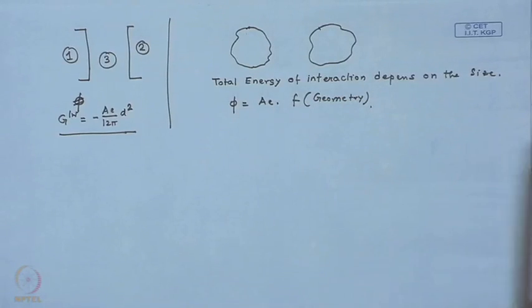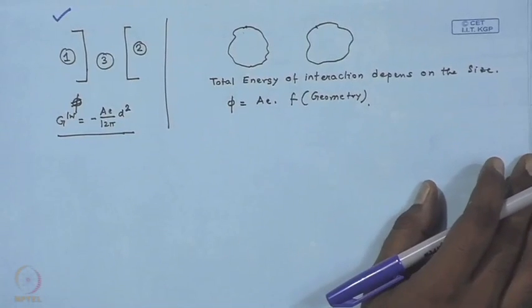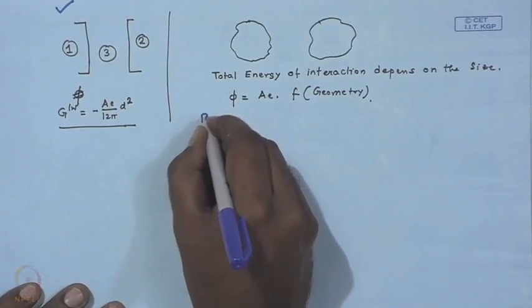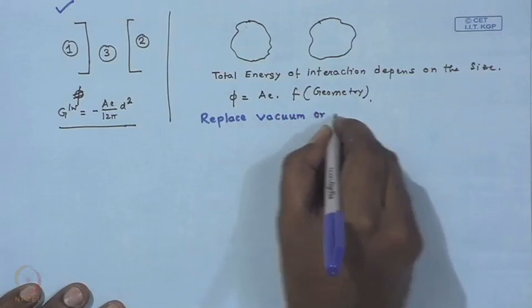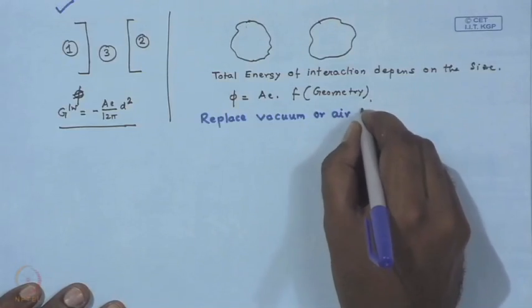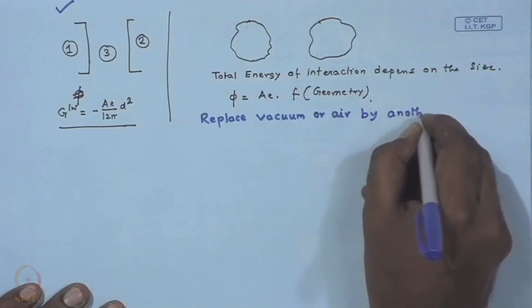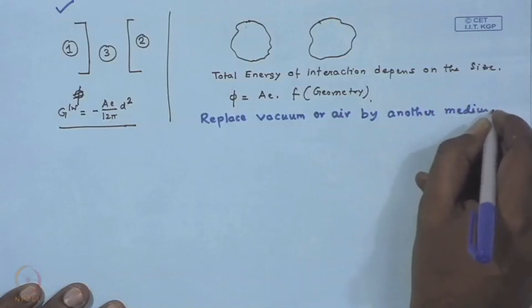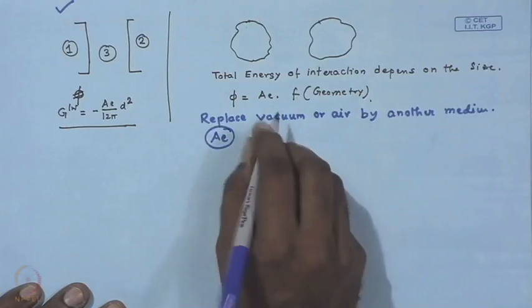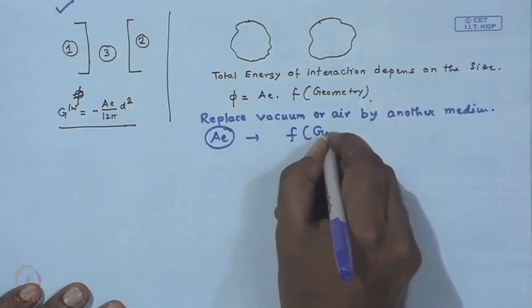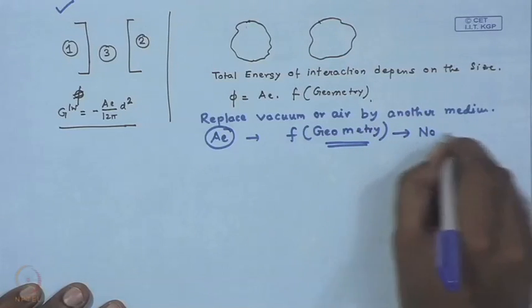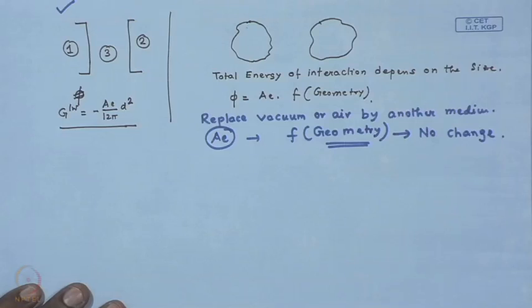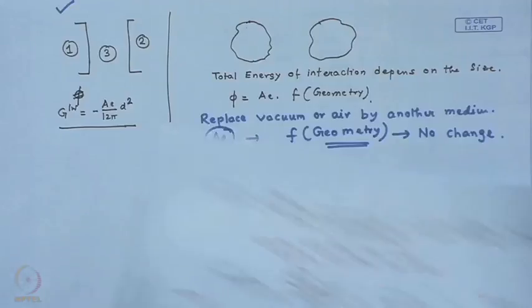Now, we have seen from this system that whether you replace the vacuum or air by another medium, only the magnitude of A changes, but this geometric parameter remains unaltered, which for a definite geometry was of the form like this.